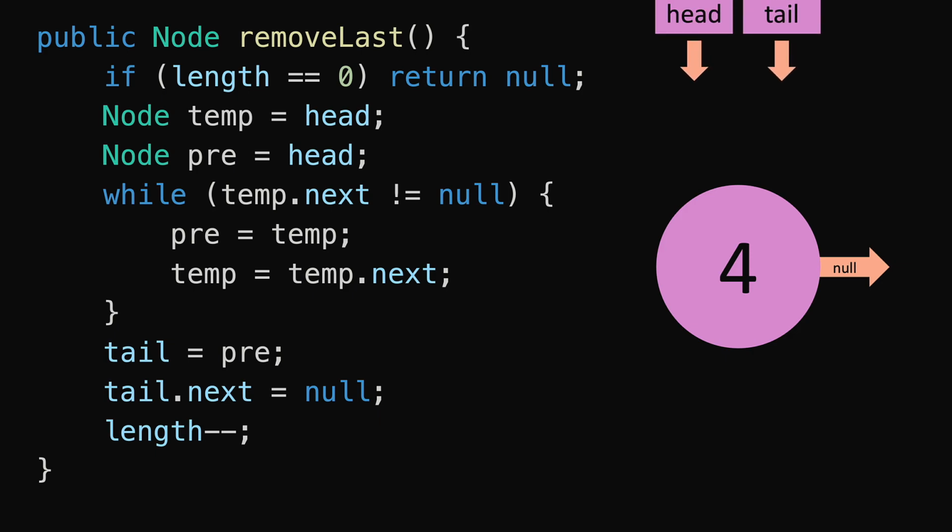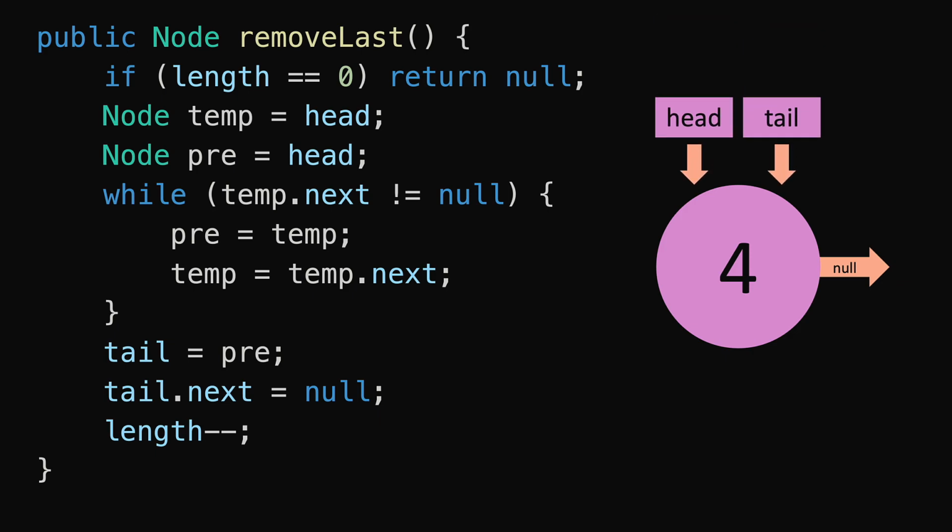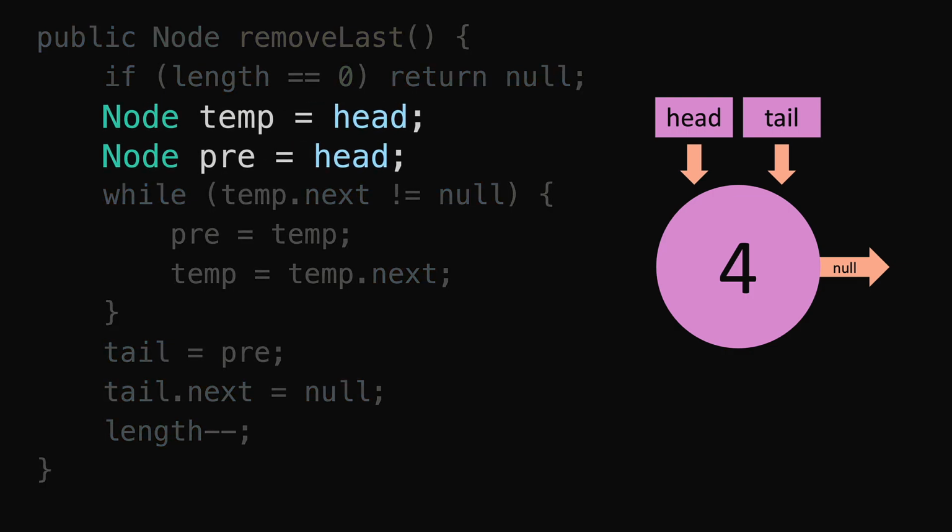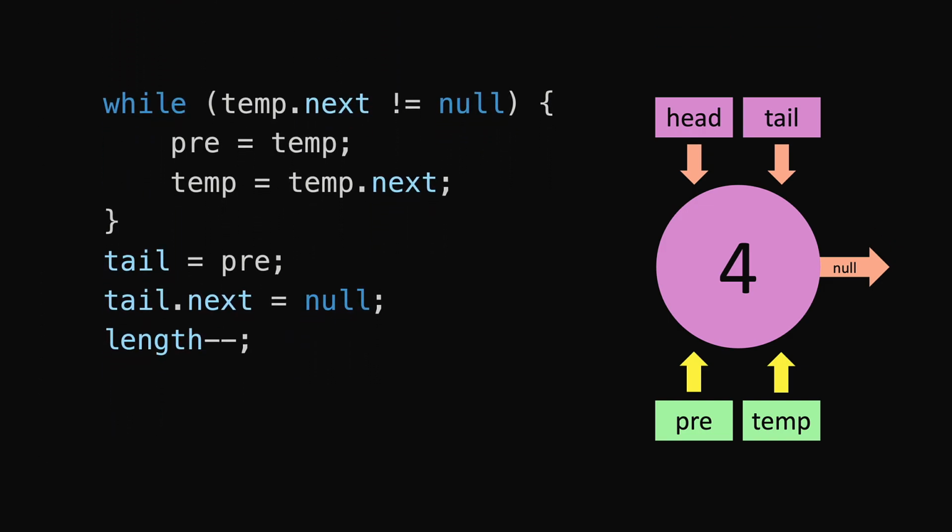So in this situation, head and tail are both going to point to this node, but also temp and pre, because they're equal to head, they are both pointing at this node. So I'm going to take temp and pre and all the code above it, and I'm going to remove it here, and then we'll walk through the rest of the code, and you'll see why this is an edge case.